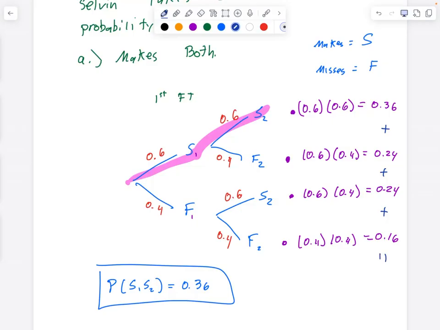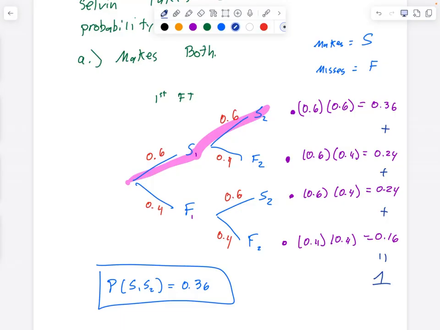B. What's the probability he makes 1 free throw? What's the probability Selvin makes 1 free throw? 0.24. Let's think about this, people.